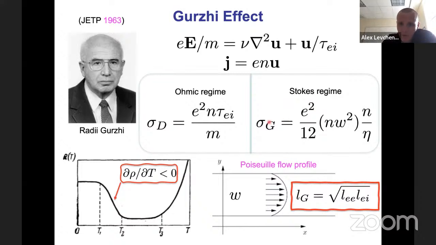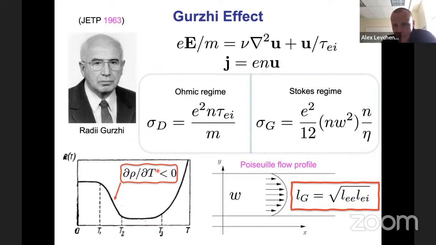Now, if you invert conductivity and you write resistivity, then you will see that resistivity would be proportional to viscosity, like in the Stokes formula. And so Gurzhi predicted himself that if this regime is realized, it should manifest itself with the negative differential resistance. So it should be a regime of temperatures where you increase the temperature, but resistance goes down.